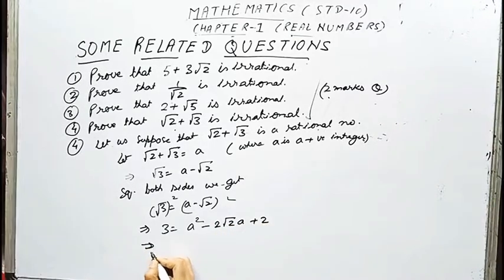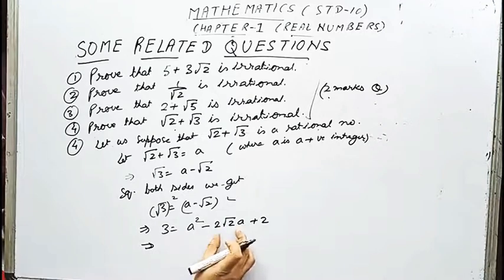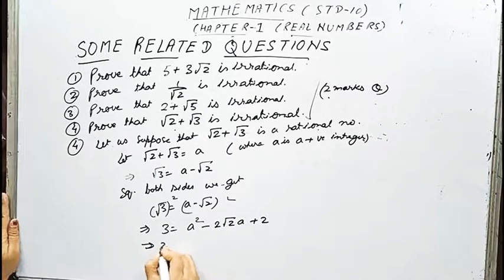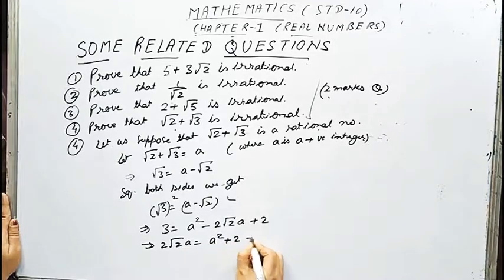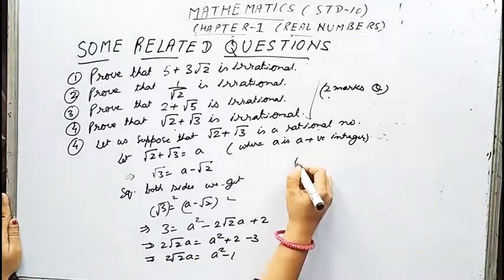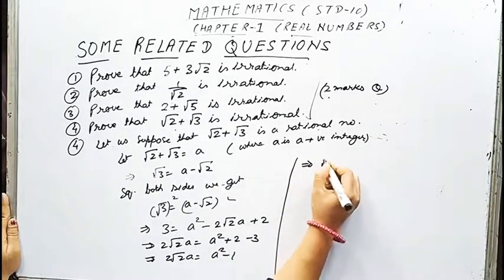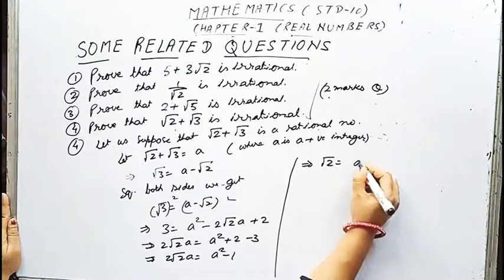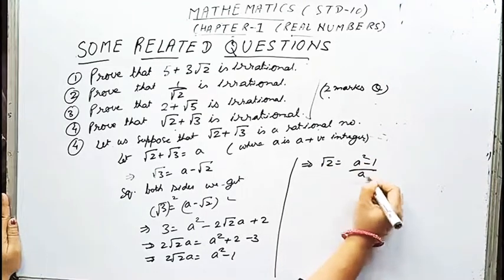This implies, taking this term on the left hand side, 2 root 2 a equals a square plus 2 minus 3. This implies 2 root 2 a equals a square minus 1. Implies root 2 equals a square minus 1 by 2a.